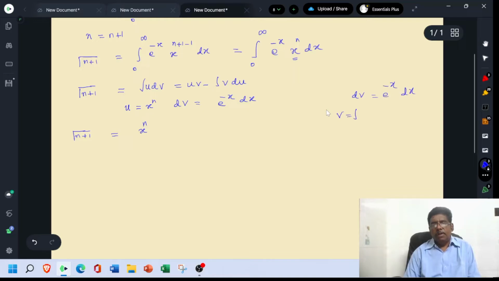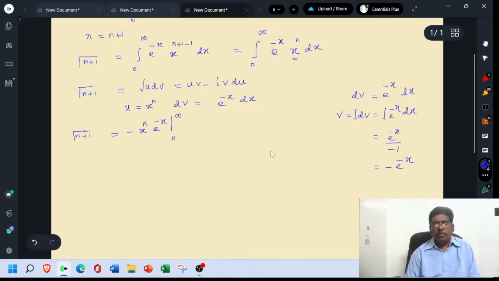v equal to integral dv, that is equal to integral e power minus x into dx, which is equal to e power minus x by minus 1. This is minus e power minus x. So instead of v, we put this value, e power minus x with a negative sign. Now we apply the limit 0 to infinity.